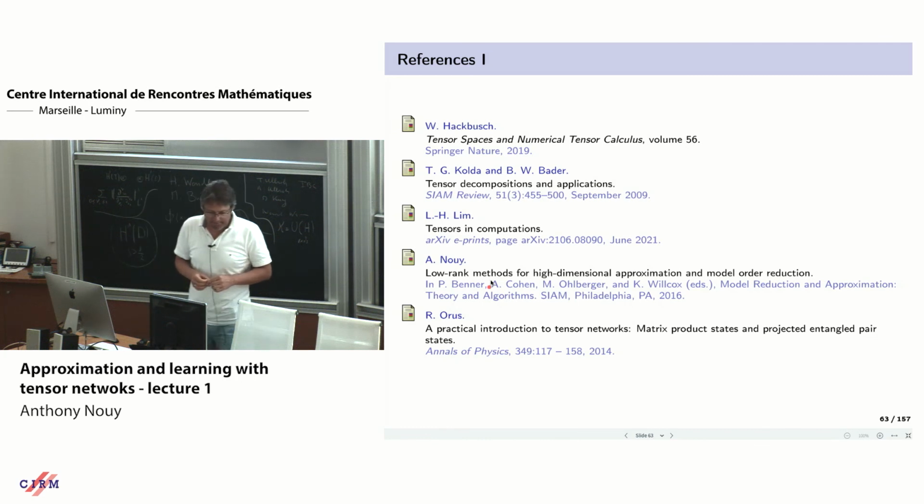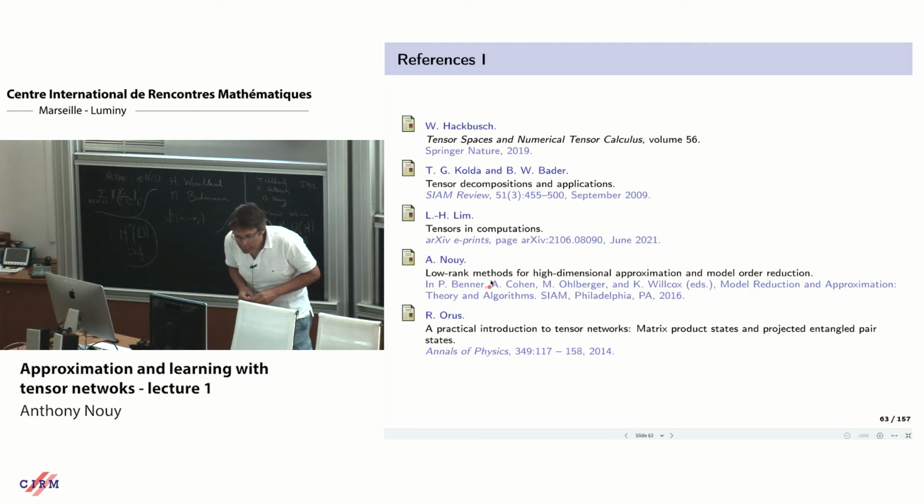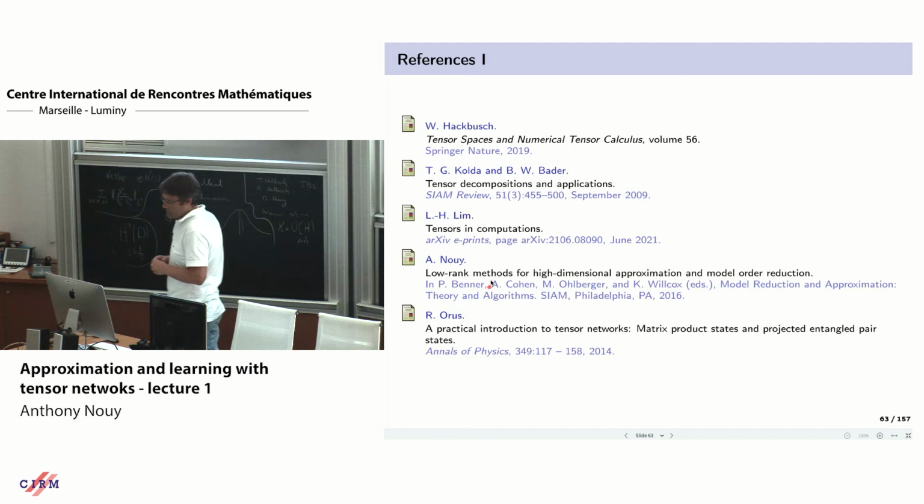Other questions? Yes, there is a question from the audience. Is it possible to still efficiently compute matrix-vector products using general tensor network formats? The answer is no, if it is not exact but approximate.